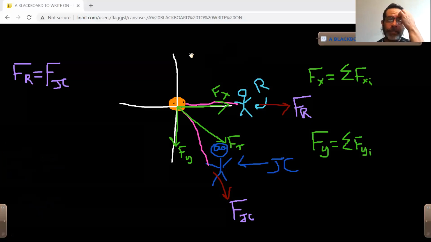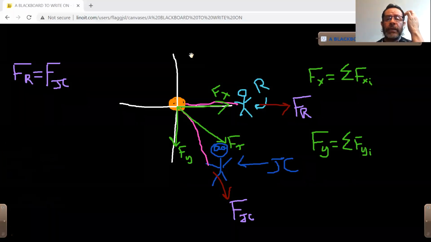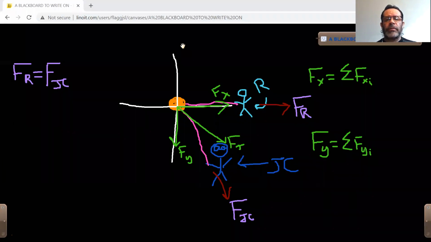Exactly. Okay. So what's happening here is that Fx is going to have Fr, which is your force, René, and your force is exactly along the x-axis, okay?